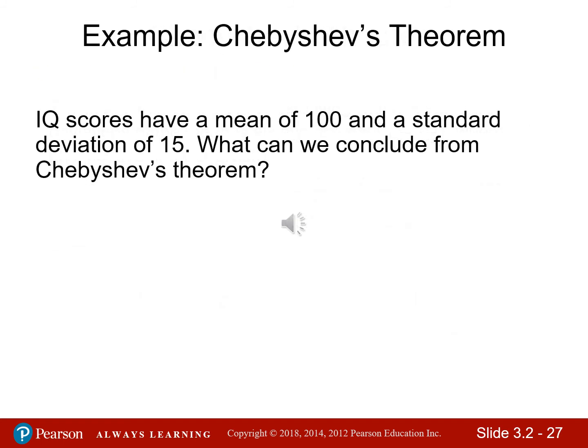Let's go back to our example of IQ scores. Recall that IQ scores have a mean of 100 and a standard deviation of 15. What can we conclude from Chebyshev's theorem?